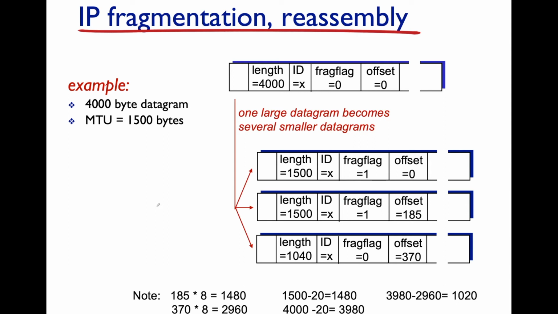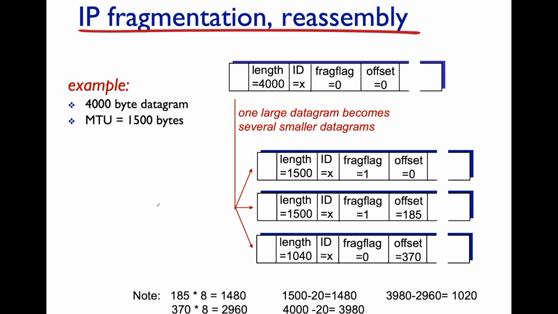And so here we have that 1480 plus 1480 out of 1500. So that's 1480, and 20 of those 1500 bytes are going to be header information, so that leaves 1480.